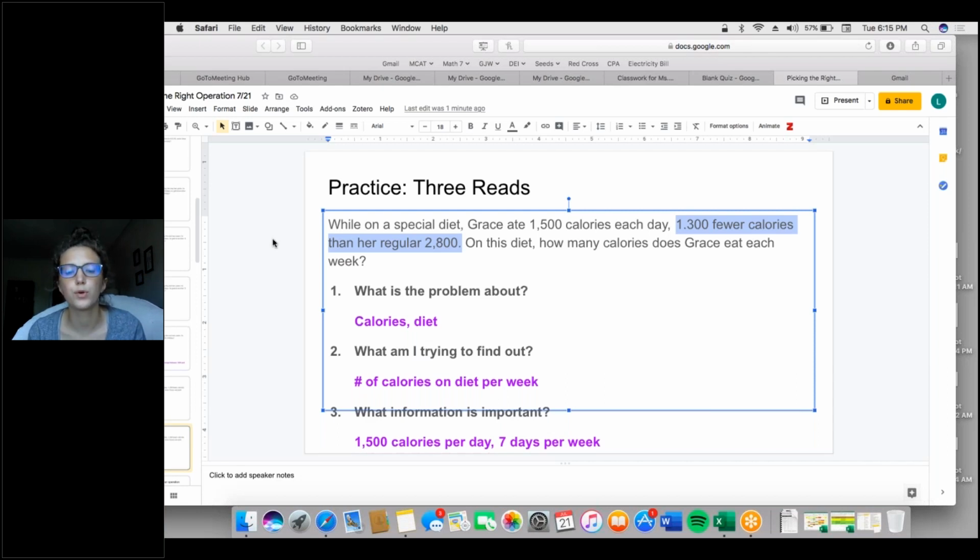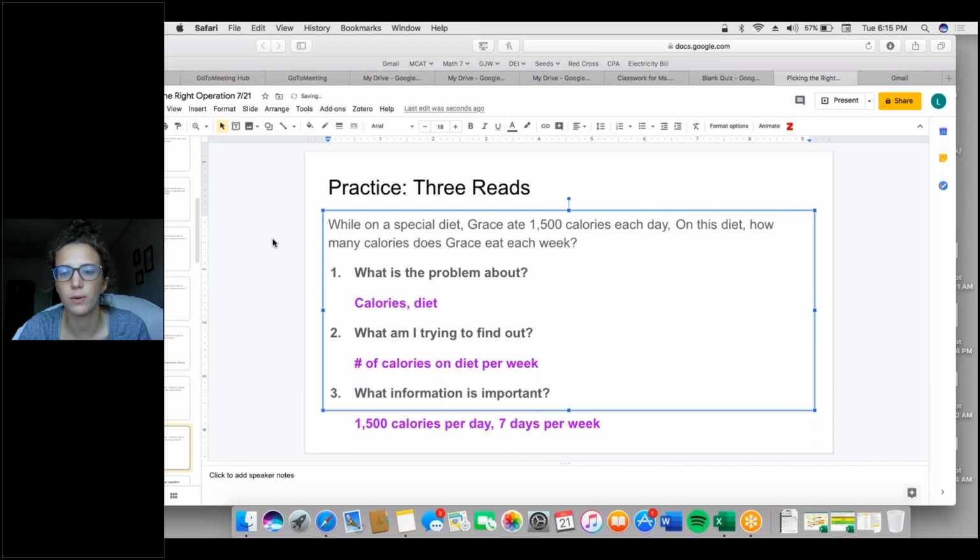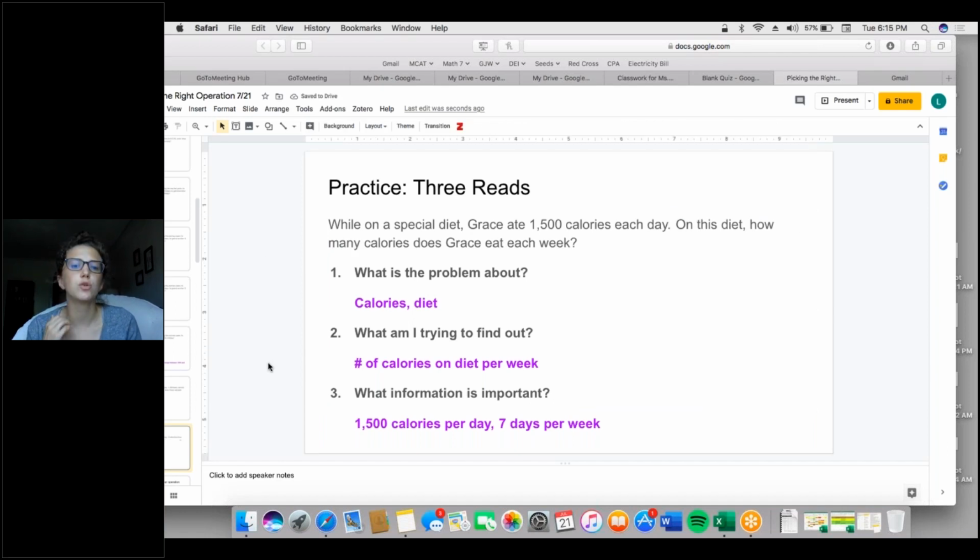That's why it was so important to read it 3 times and figure out what I want to find out, because all of this information I have highlighted does not talk about our diet, so we don't care about it. So we can cross it out, we can delete it, because that's all distracting for us. Even though this is repetitive at the beginning, at the end, when we're ready to solve, you'll see that it makes it very clear on what we're going to do.